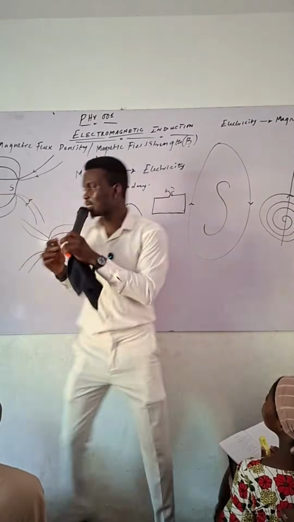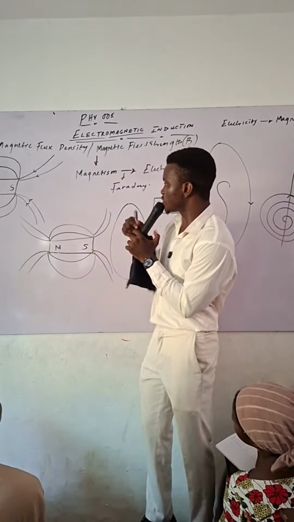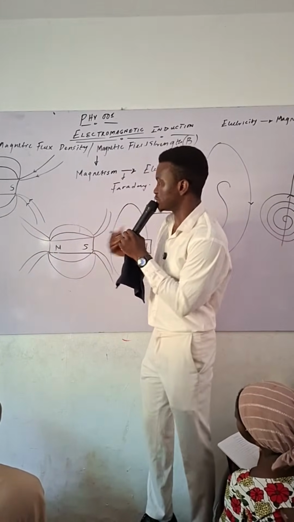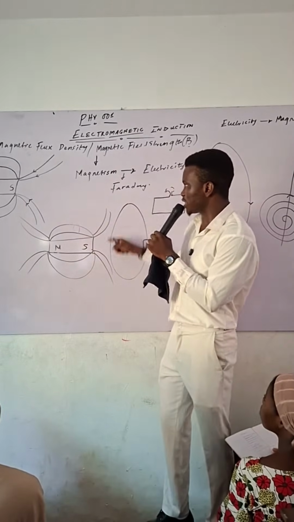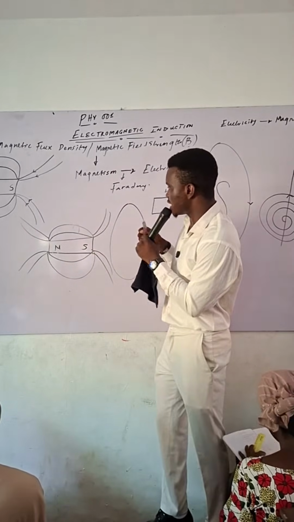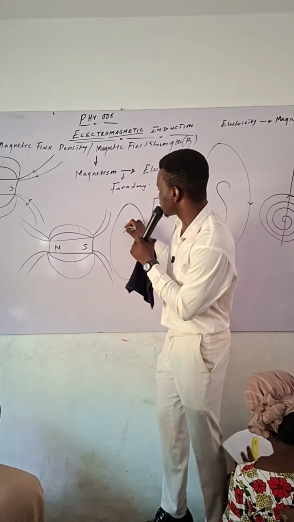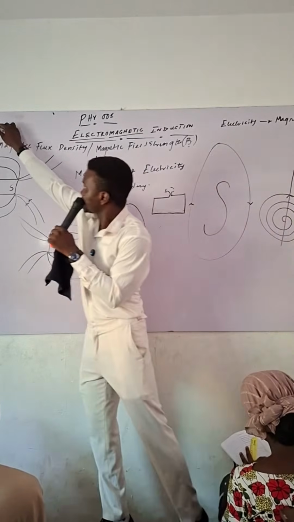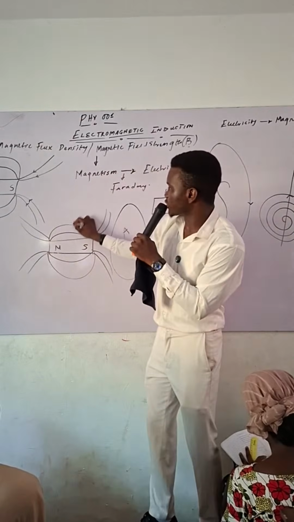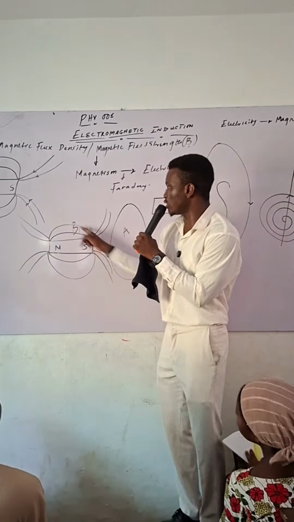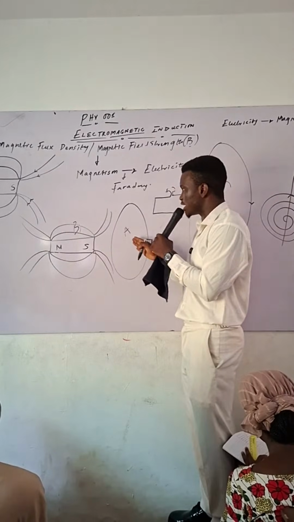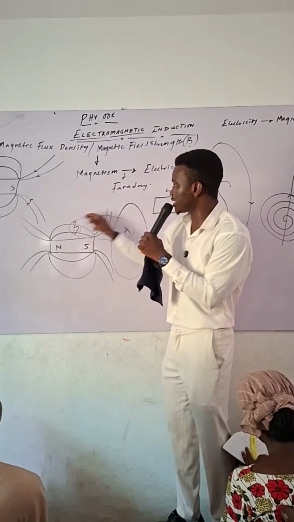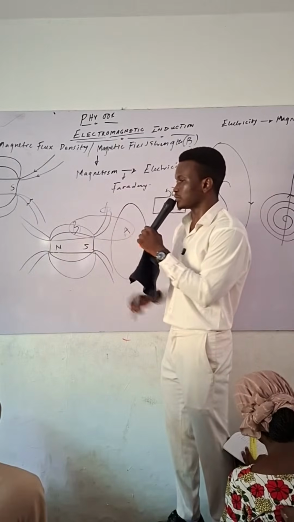All of these lines is what we call the strength of the magnet. Then when those lines enter a particular space or area, it becomes a flux. The strength of the magnet, which is the number of the lines that can enter a given area, gives what we call magnetic flux.